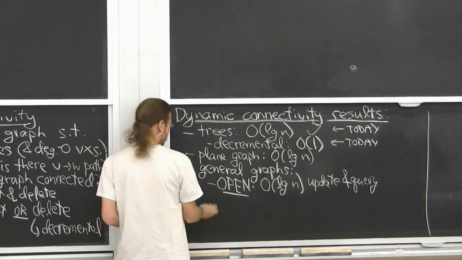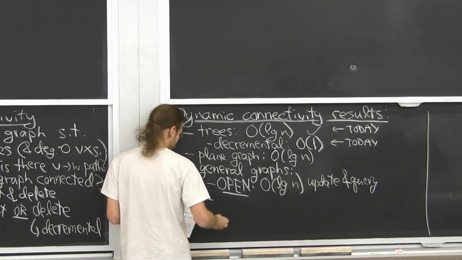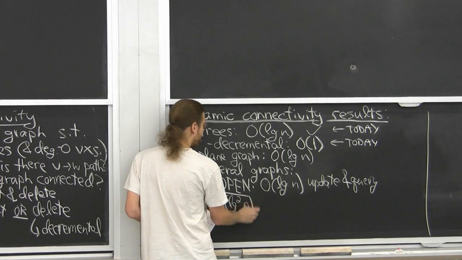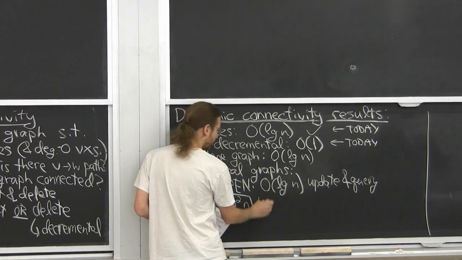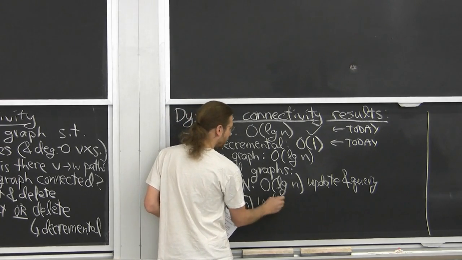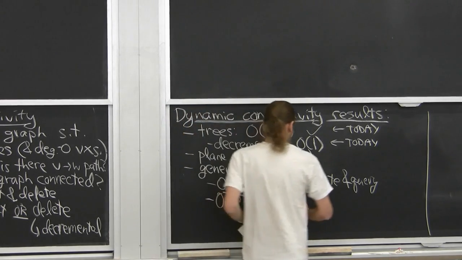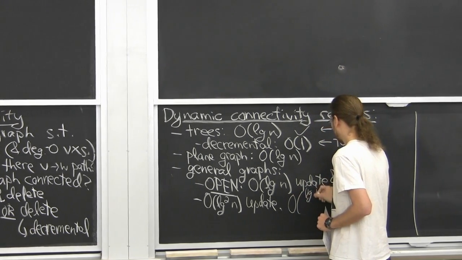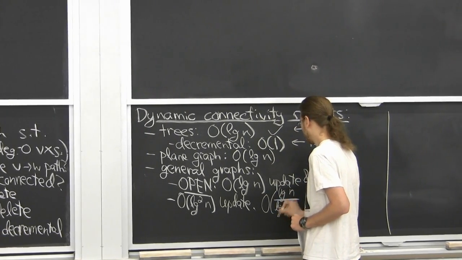But we're not so far away from that. As I said, you can get log squared. Let me say what the log squared result is. It's a little bit better than just log squared. You get log squared update, but the query is actually sublogarithmic. You get a log n over log log n query.